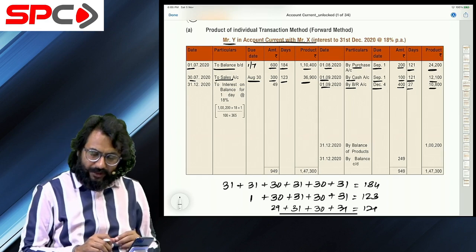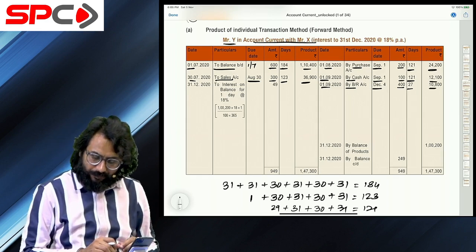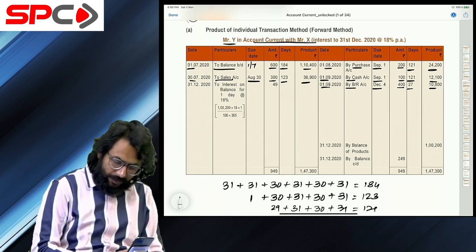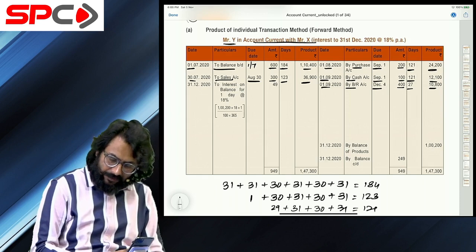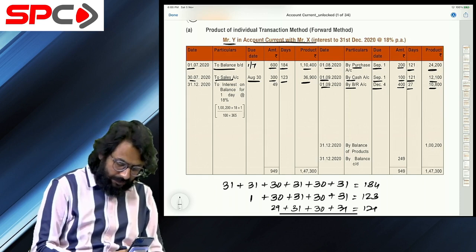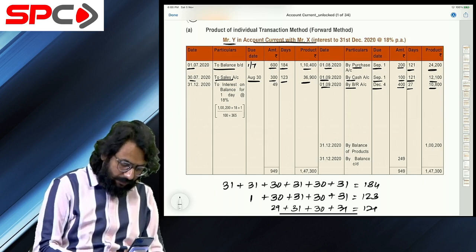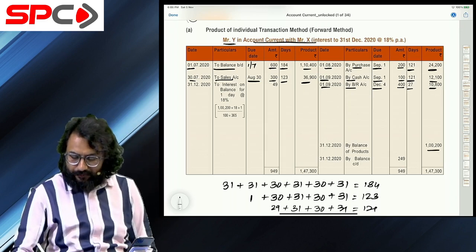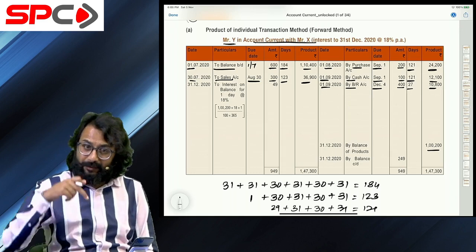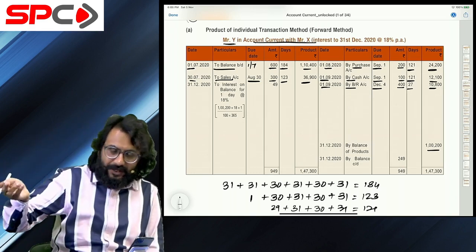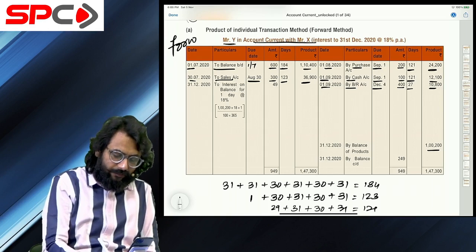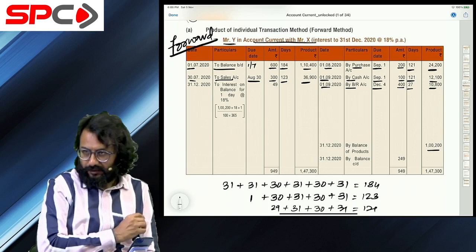Now take your calculator and get me the balance of the product. 1,10,400 plus 36,900 minus 24,200 minus 12,100 minus 10,800. So I get the balance 1,02,000. And because I am writing the product on the credit side, interest would be written on the debit side, because we are in which method? Forward method.